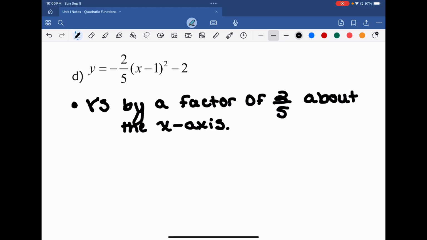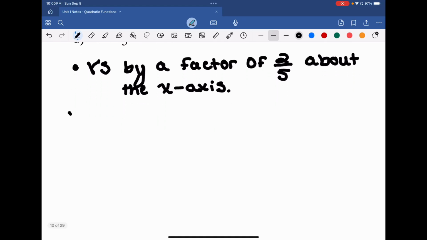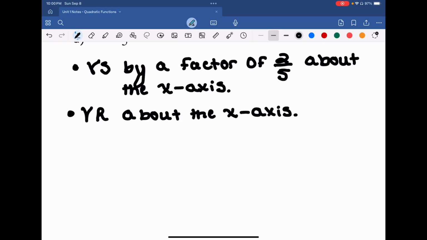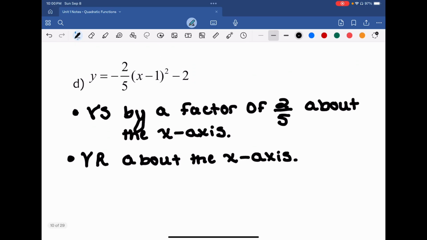Perfect. Now we're going to go to our reflection. Because there is a negative here, we are reflecting about the x-axis. So we're going to write VR, vertical reflection, about the x-axis. When we go to our translations, we see that we have -1 in the bracket.